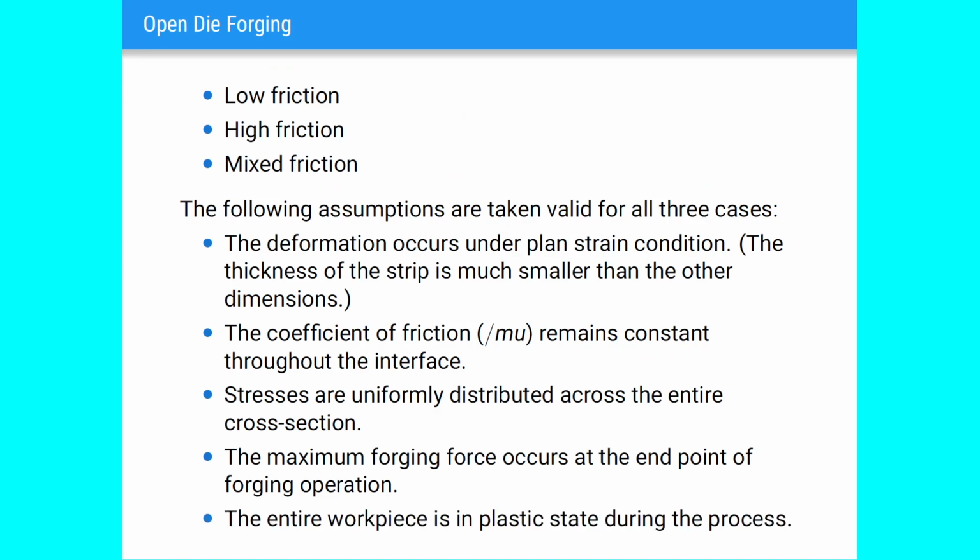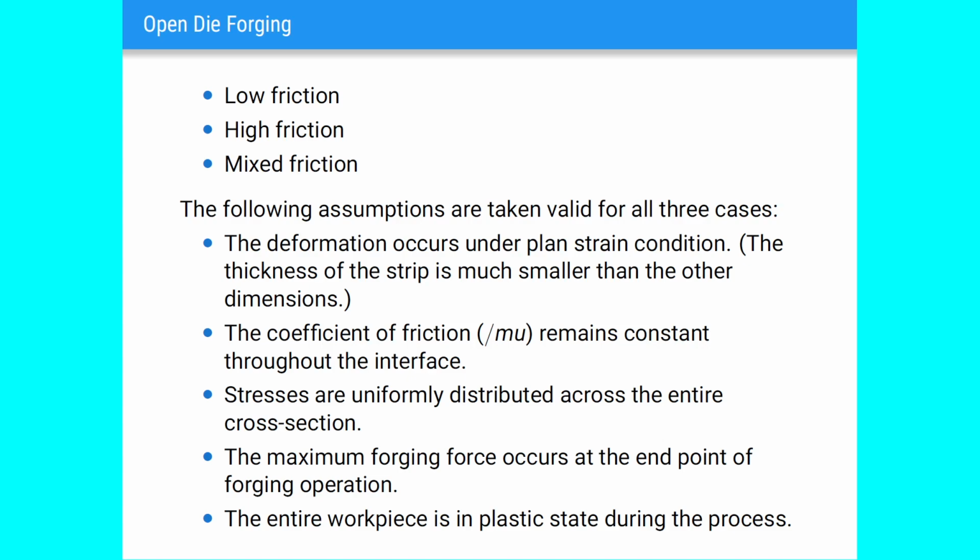Then we have the fifth assumption, which is also important when we are trying to model the process mathematically using the slab method. So what is the last assumption, or the fifth assumption? The entire workpiece is in the plastic state during the process. So you can say that the workpiece is only in the plastic state.